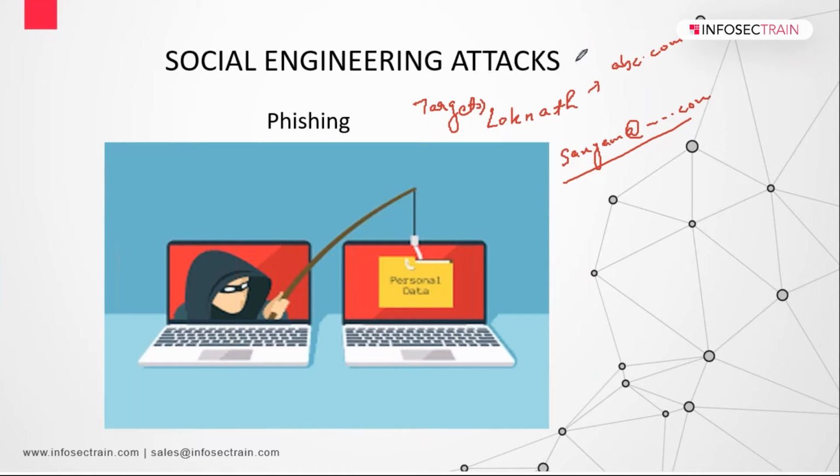Let's say in this organization they have an email ID hr@abc.com. So I can send an email to Mr. Loknath with this email ID, structure a more genuine looking email, and attach a malicious URL in that email.